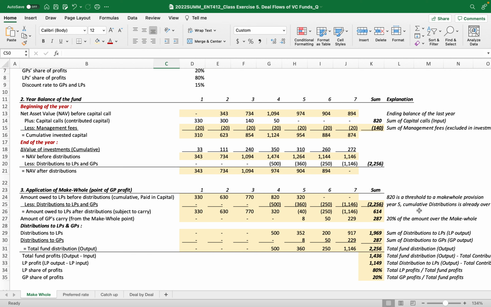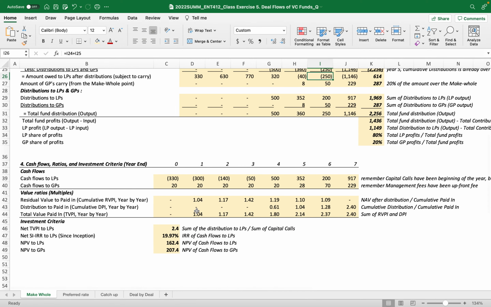Once this fund makes profit, or distribution, over 820, which is the sum of the capital cost, then from then on, the excess over the capital cost is the make whole point, right? And then 20% will be applied for the excess amount, right?